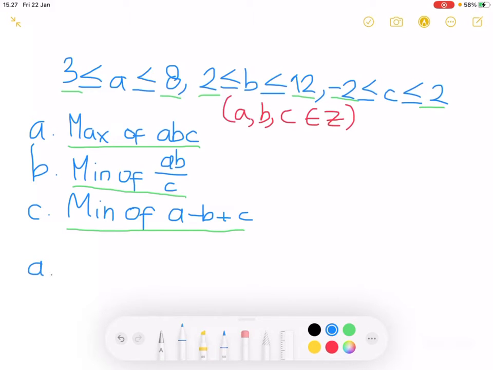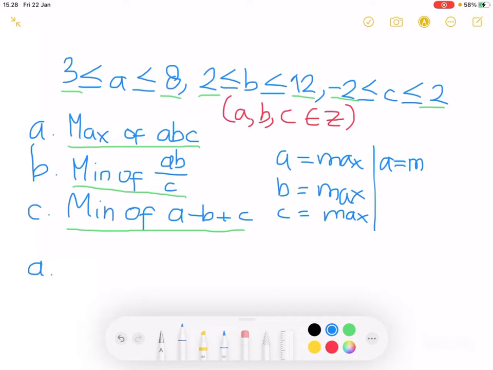So for the first part, we can have A, B, C, and we can either choose A to be the maximum possible value, B the maximum possible value, and C the maximum possible value, or we can choose two of them to be at the minimum, or rather, at a value that is less than 0.